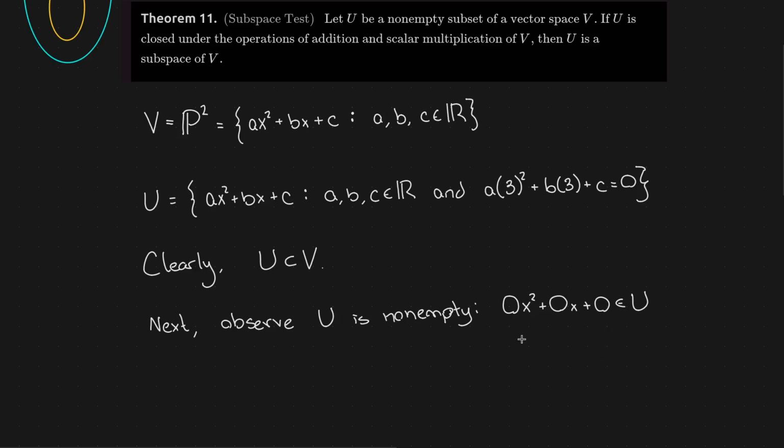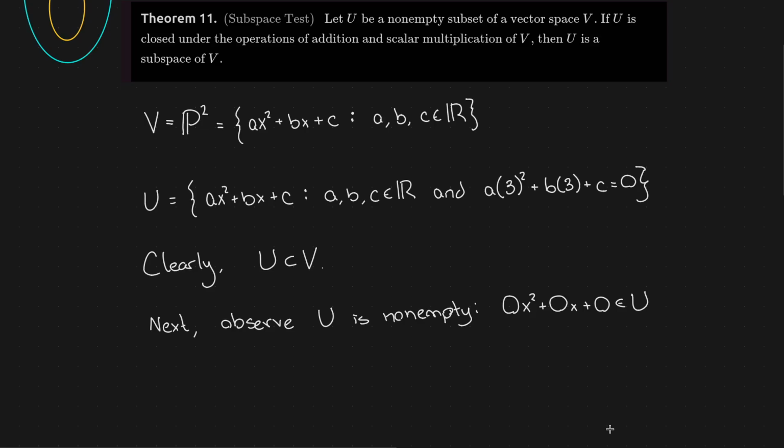Clearly, if I plug 3 into x, 0 times 3 squared plus 0 times 3 plus 0 is equal to 0. I satisfy this condition. Because I satisfy that condition, I am inside U. That's not the only choice I could have made. I could have made 0x squared plus 1x minus 3, right? I'd get 3 minus 3 is 0. That would also be in U.